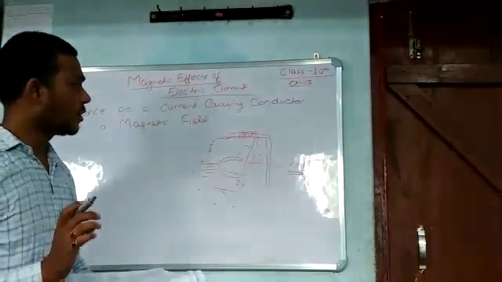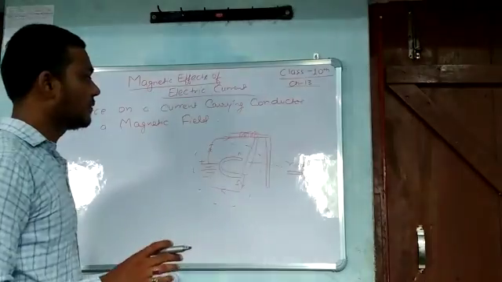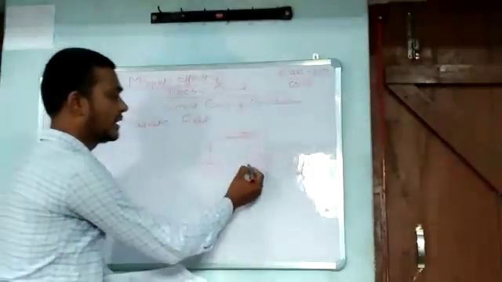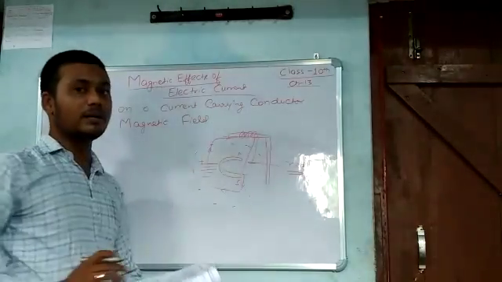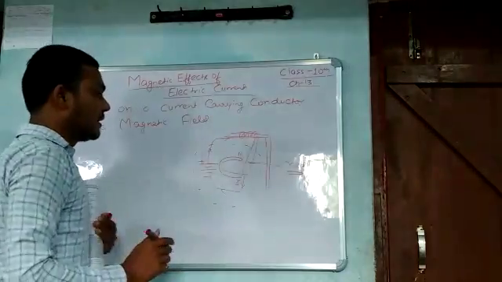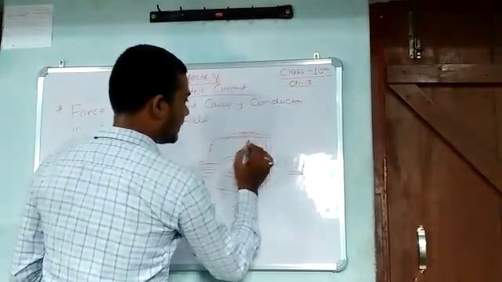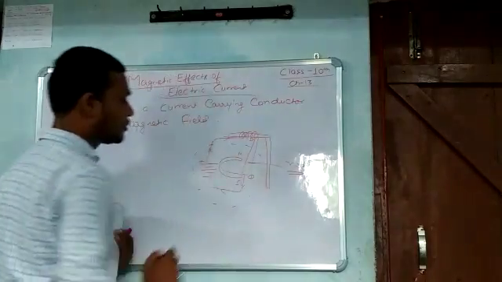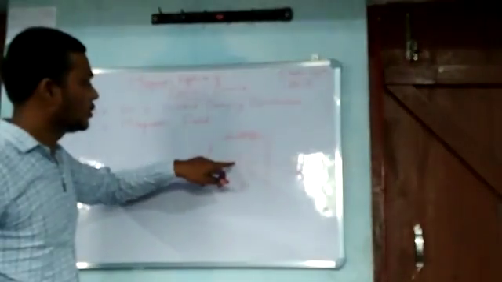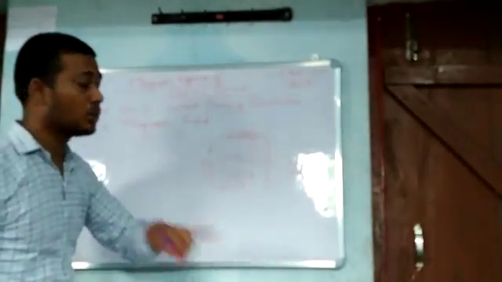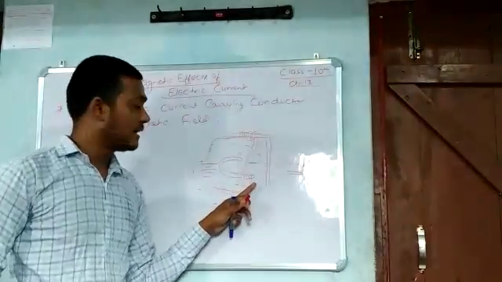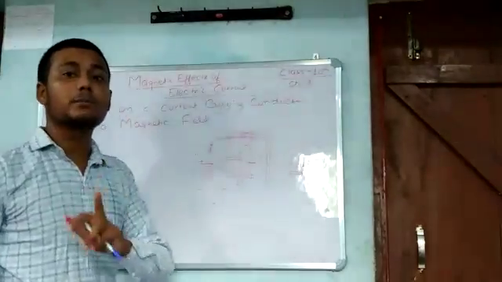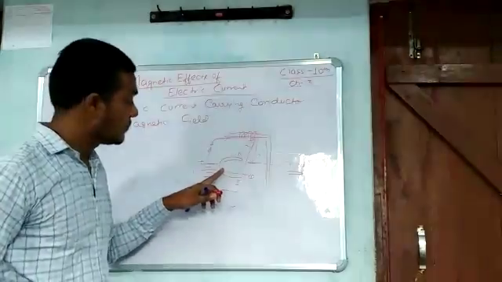So in this topic we talk about whenever a current carrying conductor is placed in a magnetic field in such a way that, if this one is the P side and this one is the Q side, this P side is perpendicular to the magnetic field produced by the North Pole, and this Q side of the rod is placed in such a way that it is perpendicular to the magnetic field produced by the South Pole.